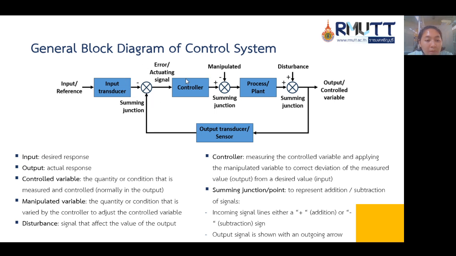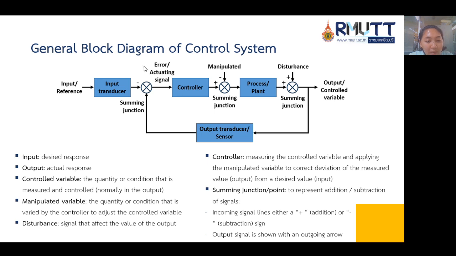Then the error is corrected using the controller, again until the output value is obtained, then fed back again to the comparator and compared with the input. The process cycles like this more and more until the actual output is the same as the desired value, or the output is the same as the input value.